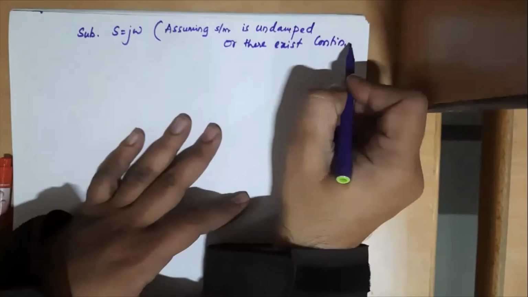We did this substitution in root locus, if anybody can remember. We did it because we wanted to find the point of intersection of the root locus on the imaginary axis. That also tells us that for a particular gain, your roots are purely imaginary, and at that particular gain our system is obviously undamped in nature, because from the time domain analysis we knew that for undamped nature the roots were purely imaginary.